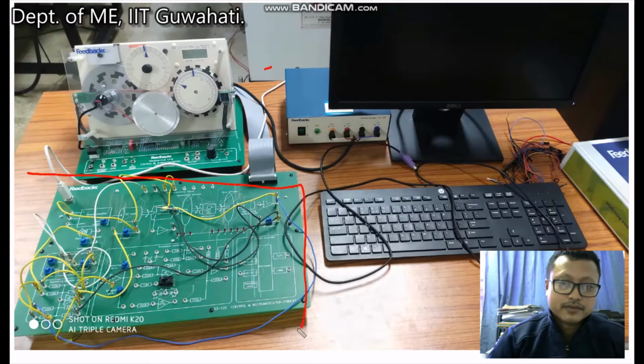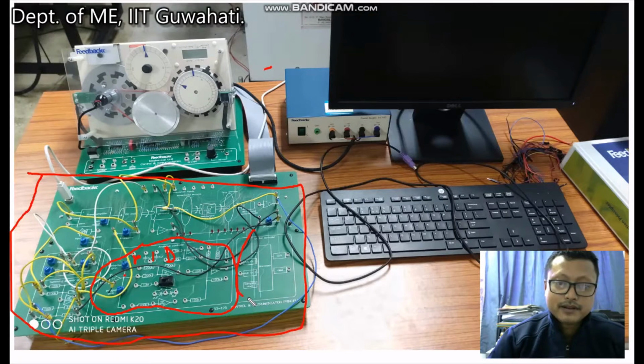In this workboard, many control system setups are provided. This particular part is called the analog controller, where you can get the P controller, I controller, and D controller.